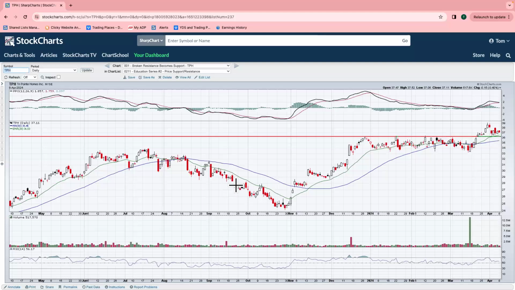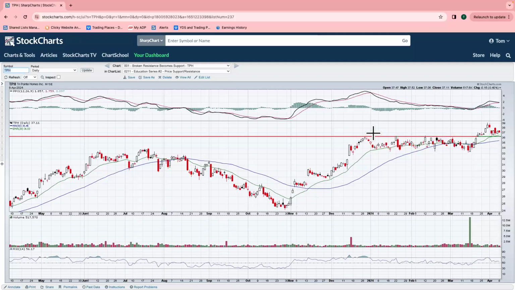So what I've done with Tri-Point Homes, clearly we were in an uptrend that began back in October, and you're going to see this on many, many charts. Maybe it's evolved a little bit differently depending on what area of the market you're in, because obviously semiconductors went up a lot faster than other areas of the market. But here with Tri-Point Homes, this is part of the home construction group, which did pretty well at the end of the year.